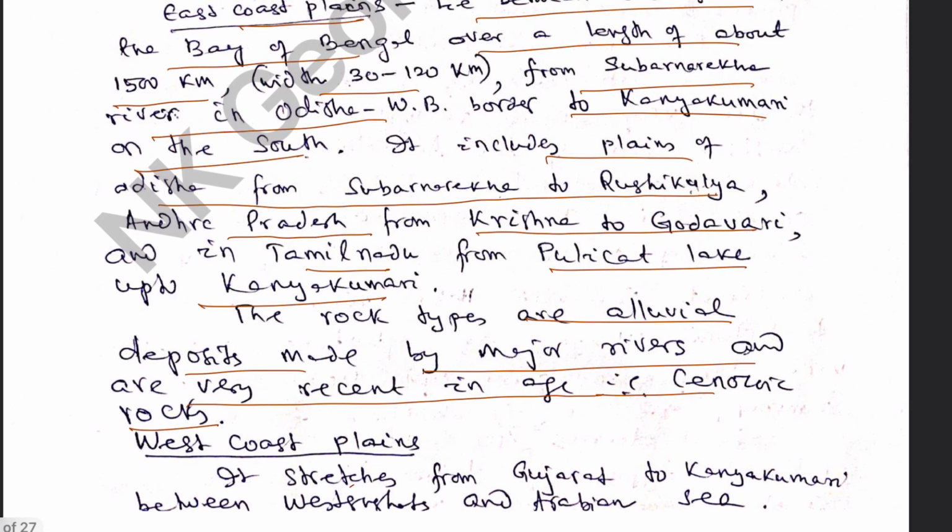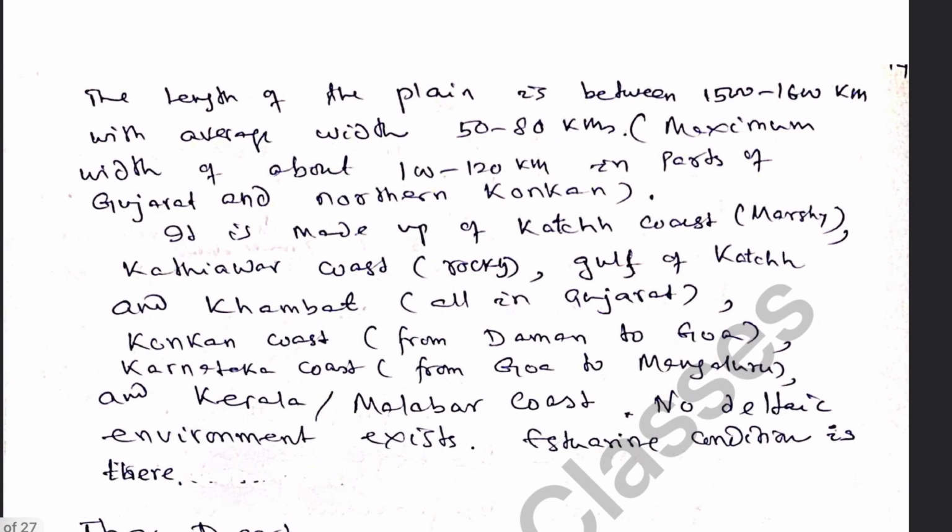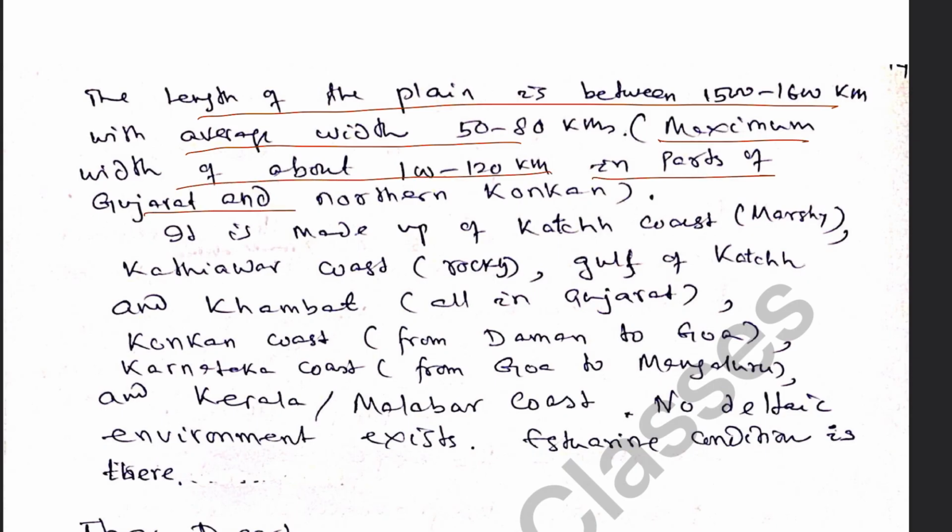Similarly, the western coast stretches from Gujarat to Kanyakumari between the Western Ghats and the Arabian Sea. The length of the plains is between 1500 to 1600 kilometers, with average width 50 to 80 kilometers. Maximum width is about 100 to 120 kilometers in parts of Gujarat and northern Konkan.